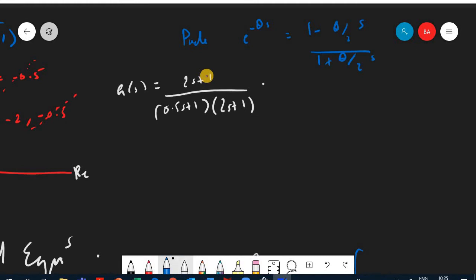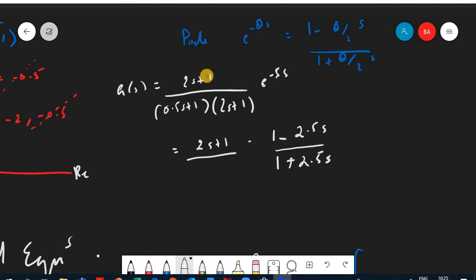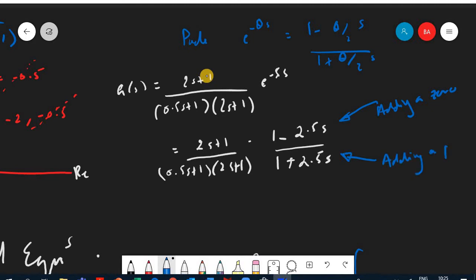So in this case, my system will look like 2s plus 1 into 1 minus 2.5s over 1 plus 2.5s, since we had e to the power minus 5s. And this is just the continuation of what we have. So what do we have here? I'm adding a zero, and I'm adding a pole, because the question is asking me, after you do the Pade approximation, find the zeros and poles.